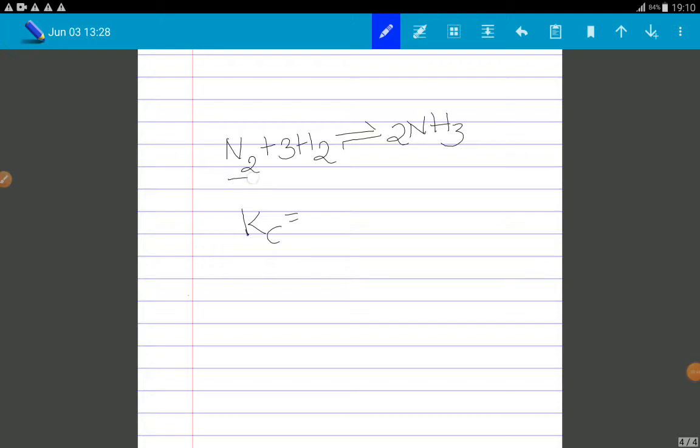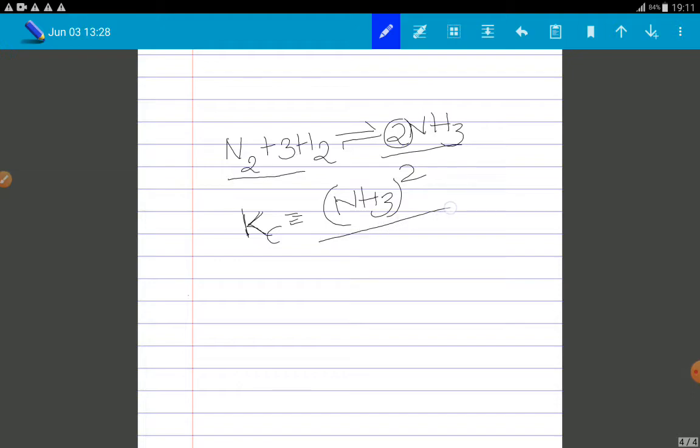Here we have the formation of ammonia: N2 plus 3H2 gives 2NH3. Now how do we write the Kc? For the product, ammonia, we write the molar concentration raised to the power 2, because the coefficient is 2.